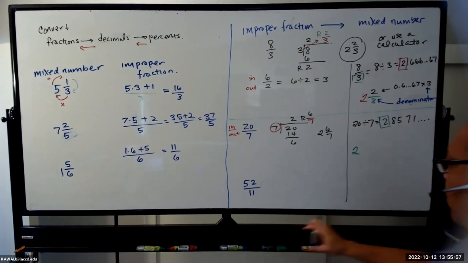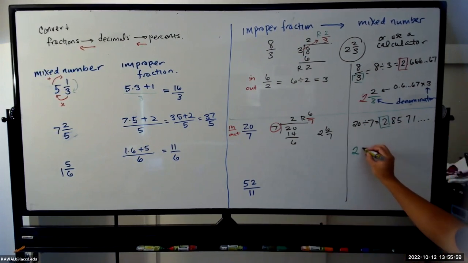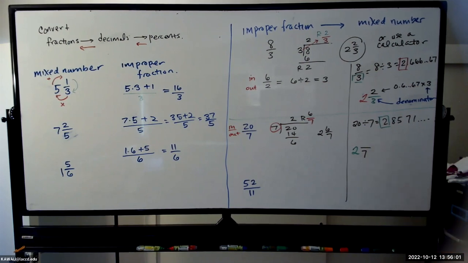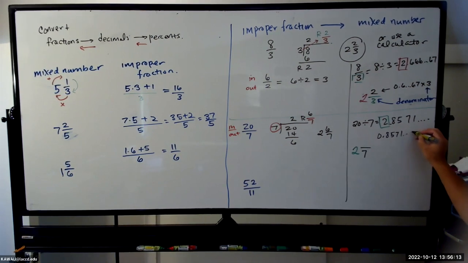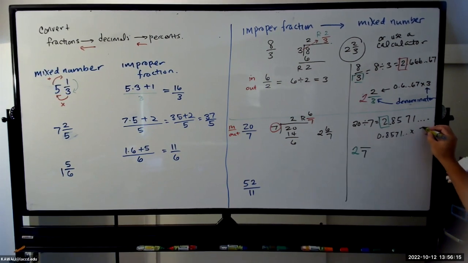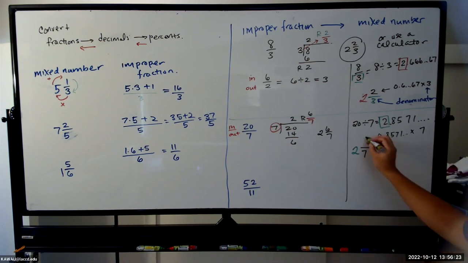Your denominator is going to be the same denominator. Now we want to look at 0.8571 dot, dot, dot times 7, and that gives me 6.